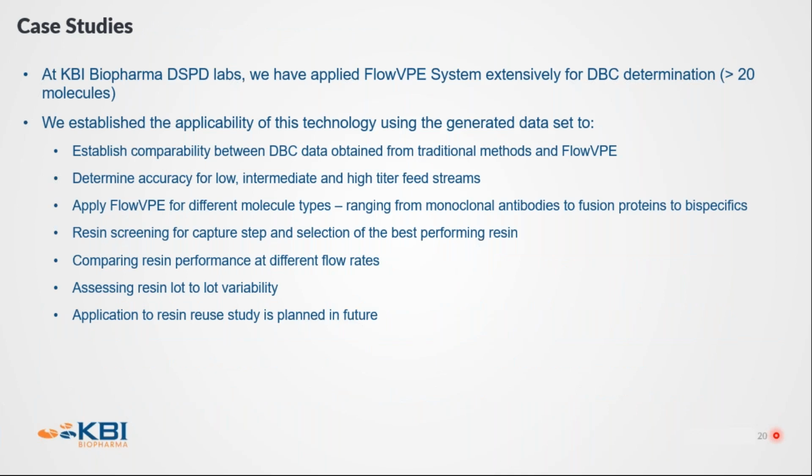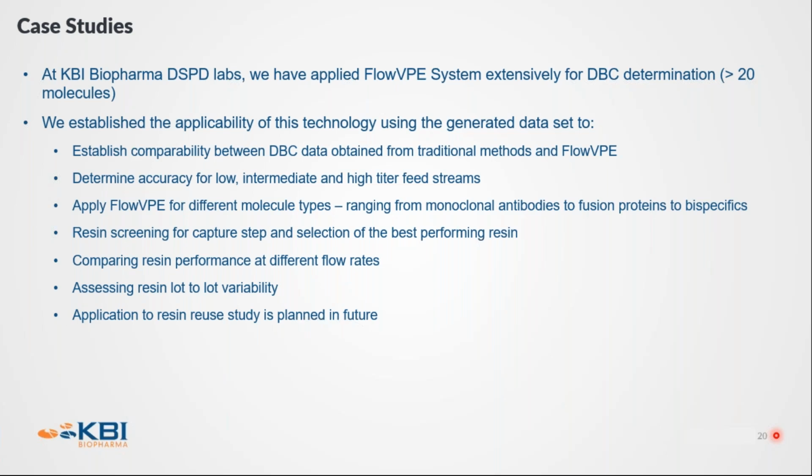So when we started exploring this system in KBI Biopharma, the first thing we wanted to do was show that this system performs very well and comparable to the traditional methods. The first set of experiments we performed were to make sure that the data from both the methods compared.